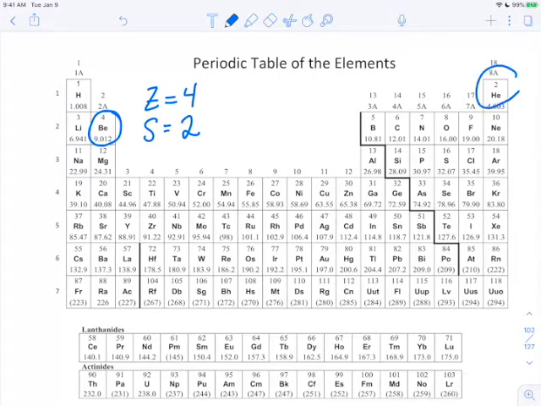Did you prefer looking at the noble gas core, or did you prefer using the 4 minus the 2? All right, so we got 1 vote for the noble gas core, and then a couple votes for the 4 minus 2. Okay, but everybody has a method that they like that's going to work for them, yes? Okay.